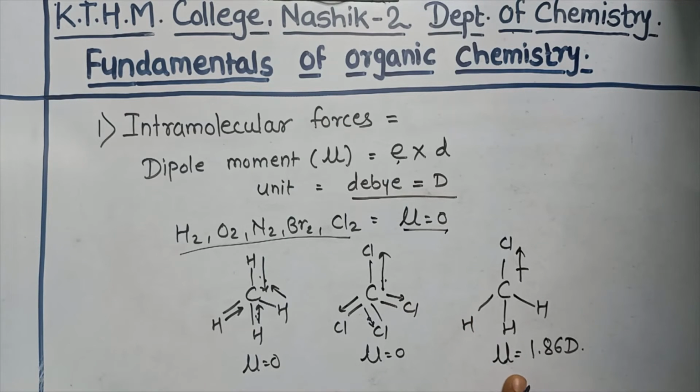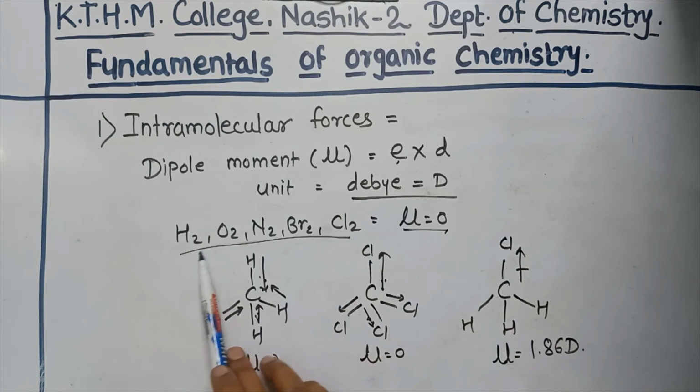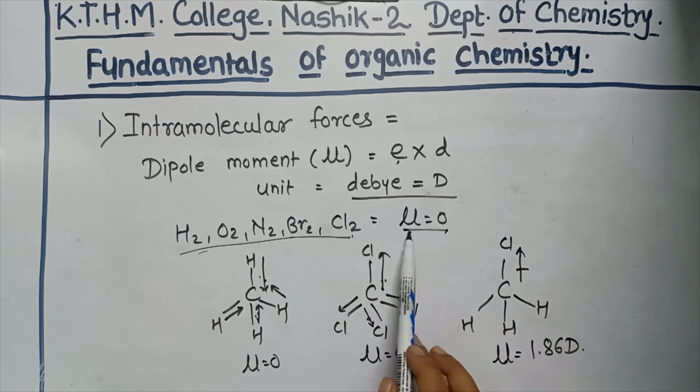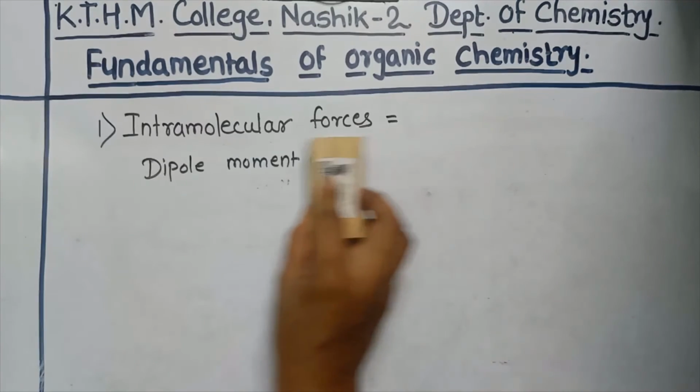In the earlier cases the dipoles cancel, hence mu is equal to 0. And molecules like H2, O2, N2, Br2, Cl2 also show zero dipole moment. Okay, it is clear. Then we start with the intermolecular force.